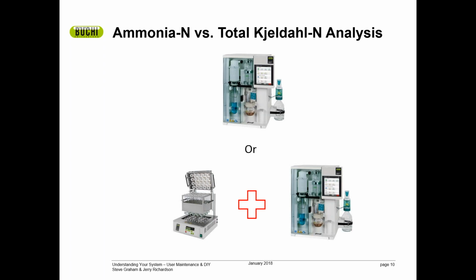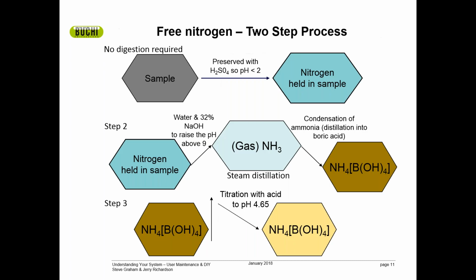In the typical laboratory, you may be running only ammonia, depending on your permit or what you want to do, ammoniacal nitrogen, or you may be running total Kjeldahl nitrogen, or you may be running both. Free nitrogen or ammoniacal nitrogen is basically a two-step process.